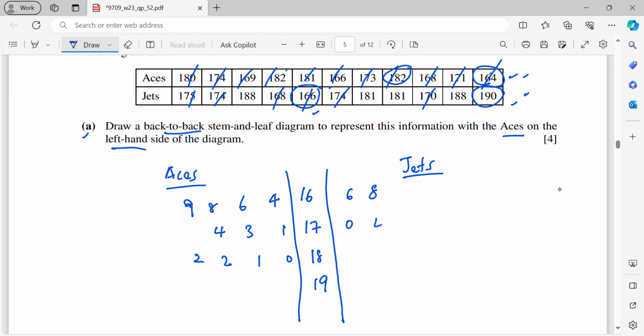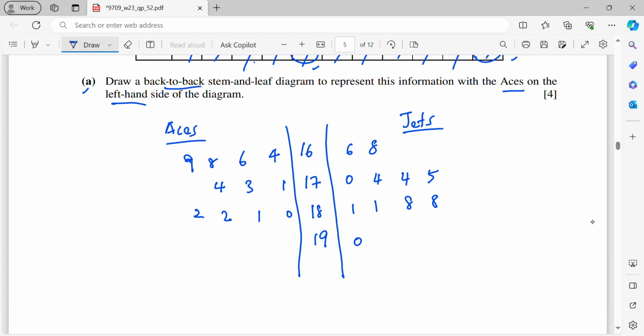So 0, 4, 4, 5. Okay, after that 18, 181, 181, then 186, 188, 188. So it means that 1, 1, 6, 8, 8. Then lastly 190. Okay, so this will be the back-to-back stem and leaf diagram.